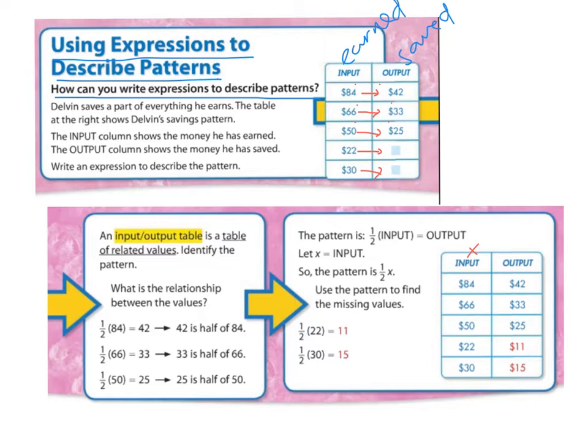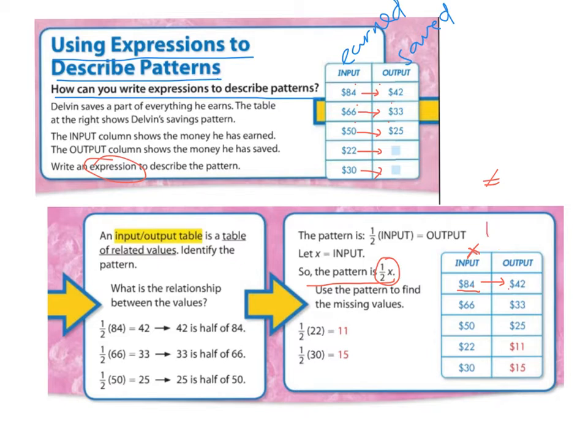Okay, so we noticed a pattern from here to here. And I see that we are writing an expression. That means that there's no equal sign. And I'm going to label this x. And so the pattern that we noticed is half x. Half of whatever we have in x equals my output. So we would just use substitution here.